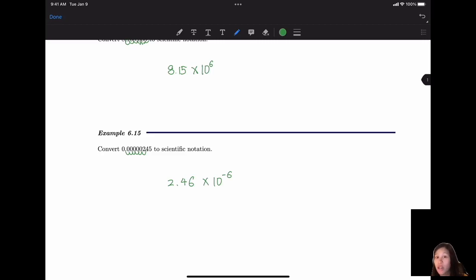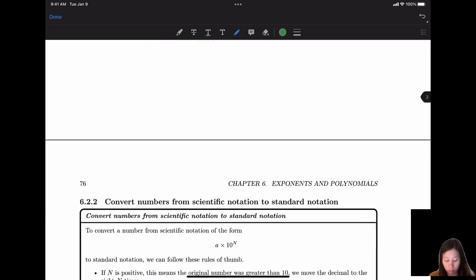Got it? Why can't we keep moving it? Because if we keep moving it, we will attain something like 24.5 times 10 to the negative 7 power. But remember the rule is that a has to be between 1 and 10, and this one is greater than 10. So that's why we don't use that one. We take the one that we first attained.